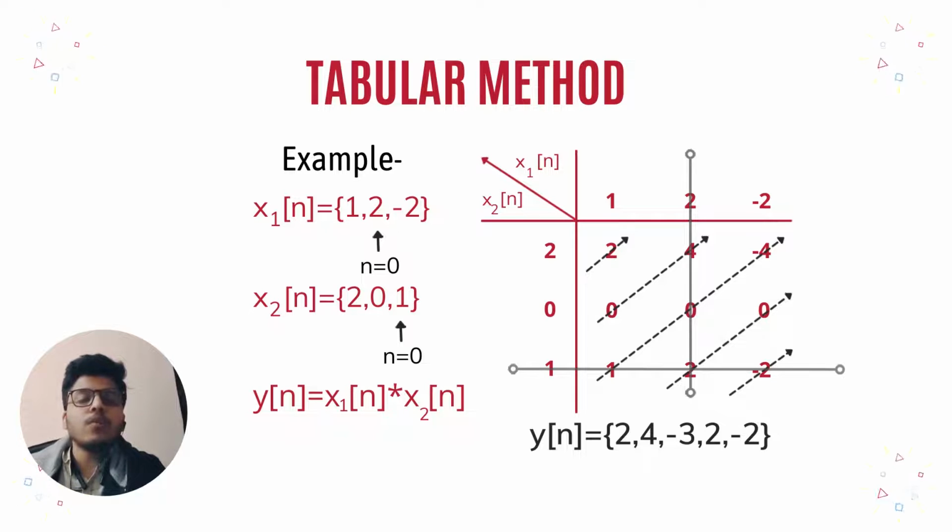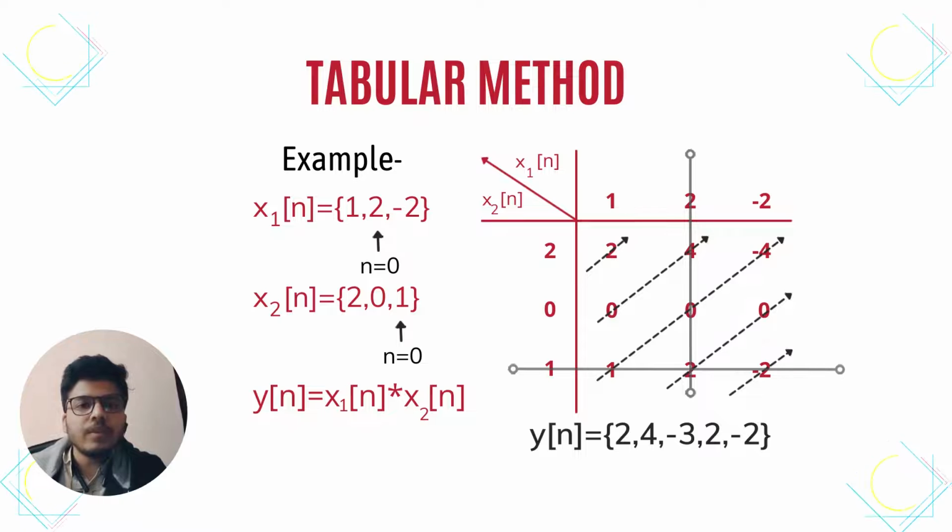Now what we are going to do is multiply 2 with all the values of x1[n]. So 2 multiplied with 1 we get 2, 2 multiplied with 2 we get 4, and 2 multiplied with minus 2 we get minus 4.